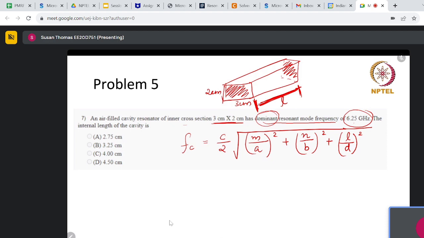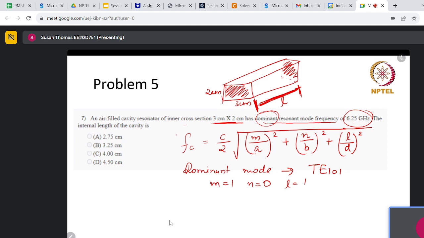Okay. Now, which is the dominant mode? Any idea? Which is the dominant mode in a cavity resonator? TE101, madam. Yes, exactly. So just use that. In this case, m equal to 1, n equal to 0, l equal to 1.